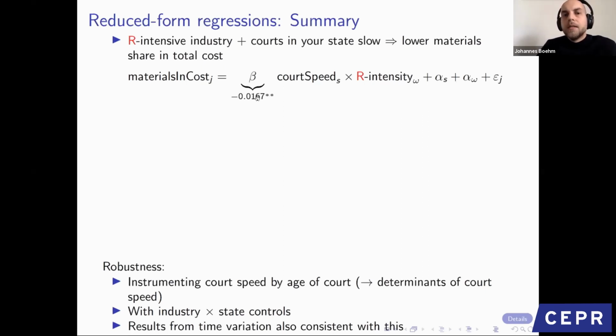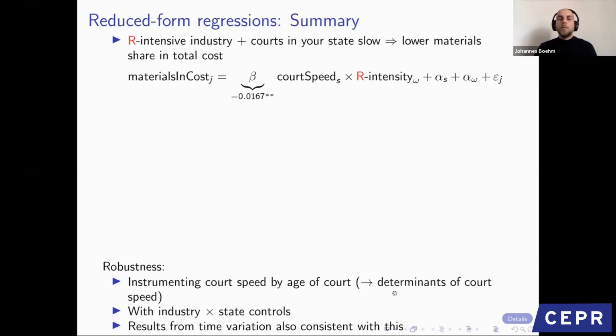And what we find is a negative and significant coefficient. So if you're in a state where the courts are very slow and you're relying on average relatively heavily on enforcement as measured by the relationship intensity of your industry, then on average you have a lower material share in cost. Okay? And that holds both like in this simple reduced form regression with state and industry fixed effects.